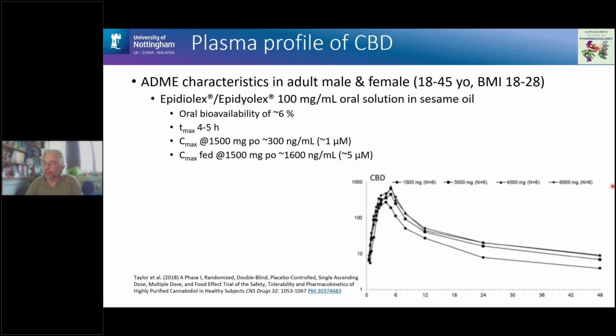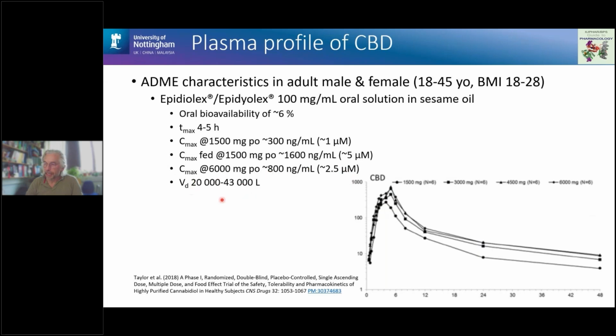So just purely on the basis of what is being fed alongside, there can be quite an increase in the plasma concentrations, peak plasma concentrations at least, of cannabidiol. One of the oddities about the administration of cannabidiol is it's not quite linear with dose, and so increasing the dose 4-fold doesn't quite give you an increase of the same proportion in terms of the maximal concentration, but it's still an increase.